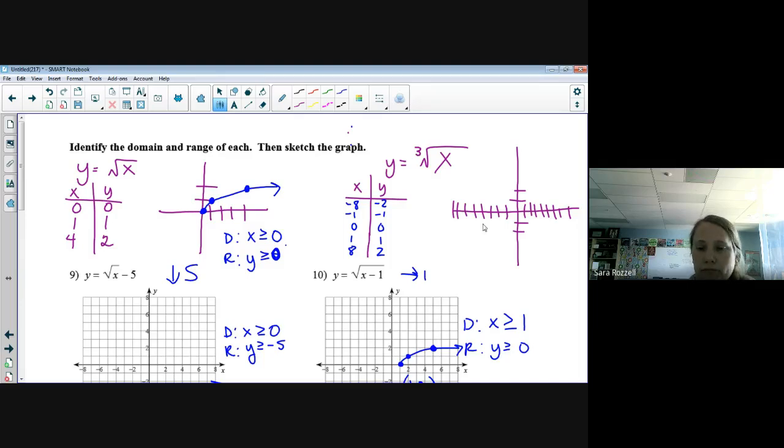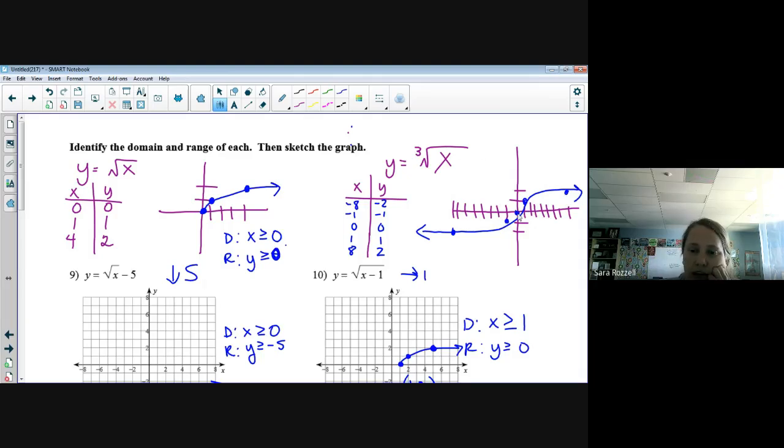And we plot them. And it looks like this weird little curve thing. It goes like this and then curves up like that. So the transformations of the graph are the same.